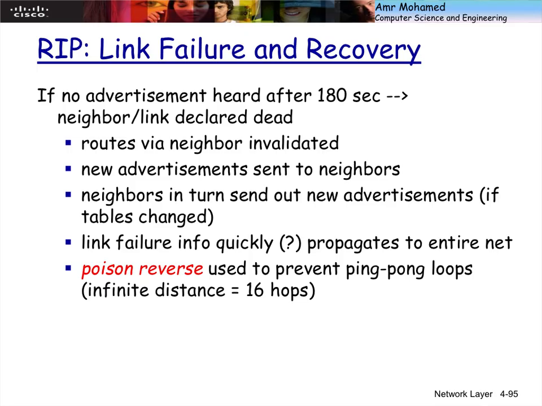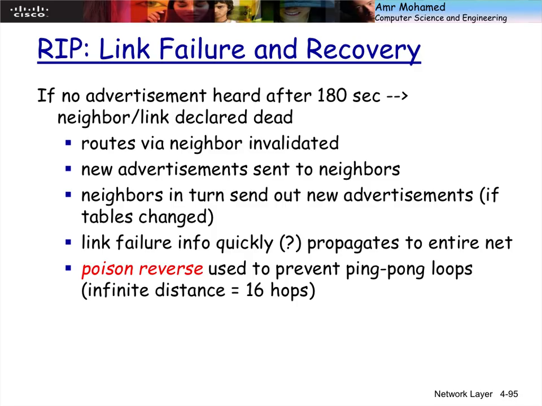Now link failure recovery. If I don't receive route updates from the neighboring node for a long time, it means that this link has become disconnected for some reason. How would I detect this?